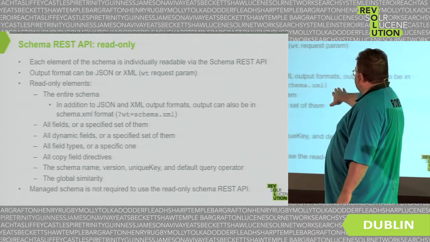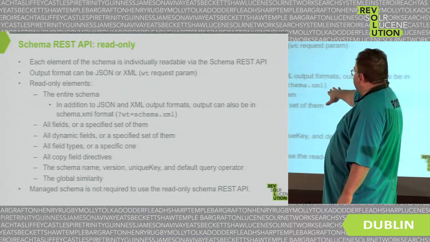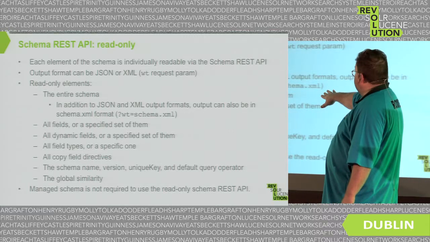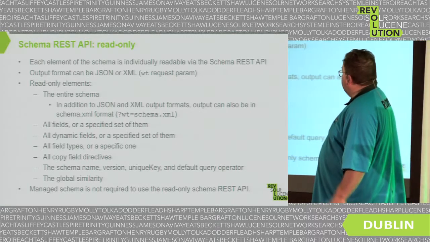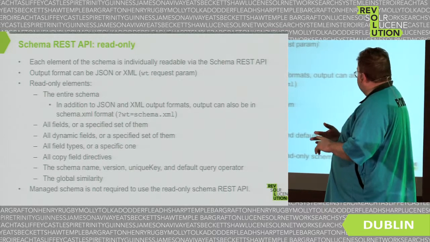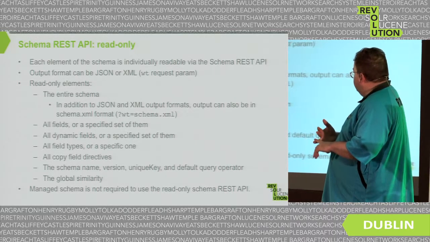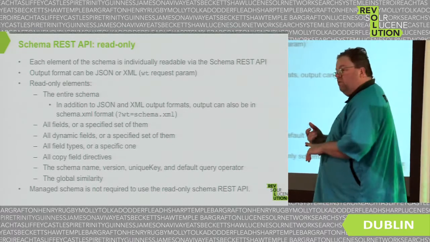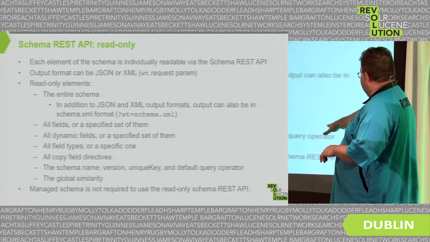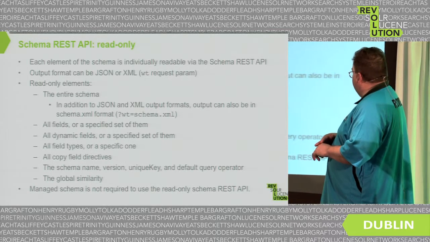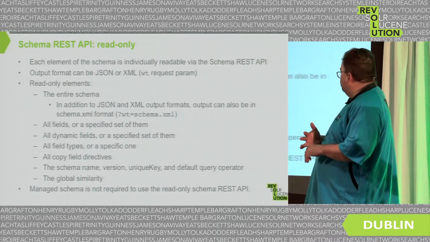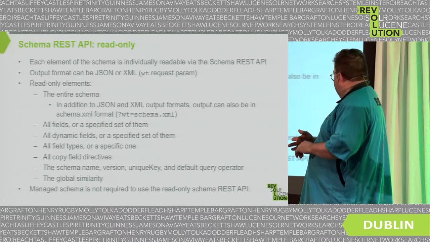You can also get it in standard schema.xml format using this schema.xml wt param. You can get all the fields or a specified set of them, all dynamic fields or a specified set, all field types or a specific one, all copy field directives, and all of these small pieces of information: the schema name, version, unique key, default query operator, and the global similarity.